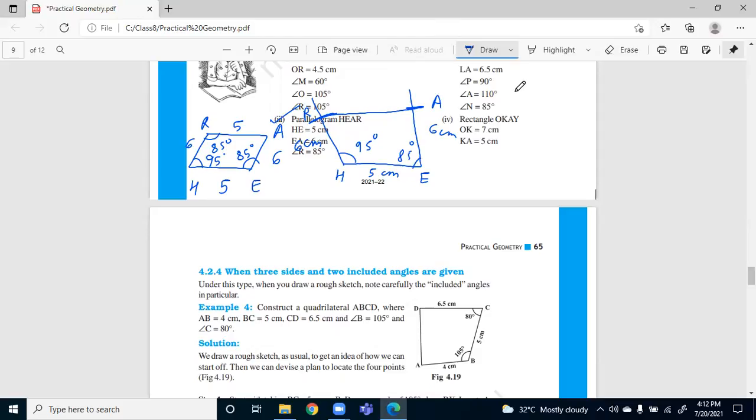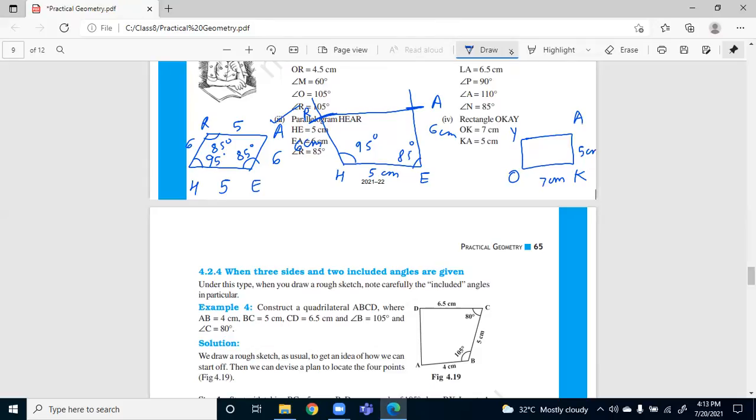Okay, so let's move to question number 4. Fourth is a rectangle. So if I draw the rough diagram of this rectangle and name it OKAY, OK is 7 centimeters, KA is 5 centimeters.